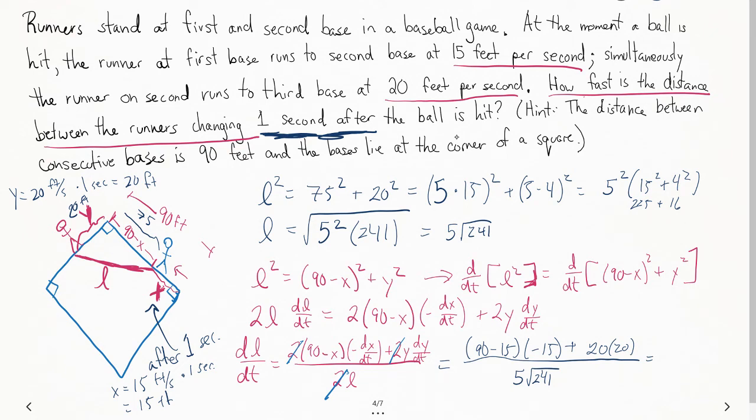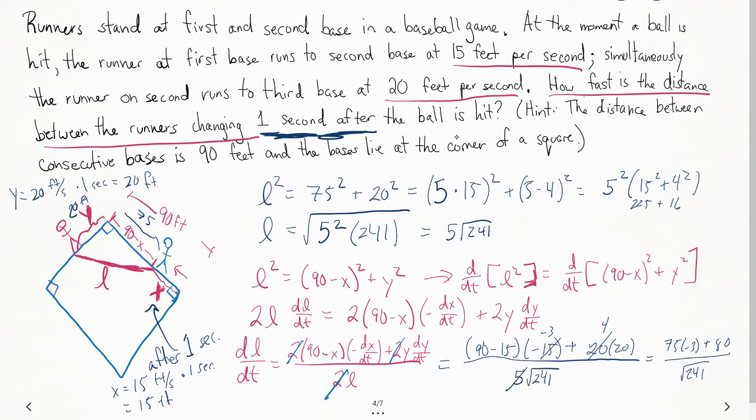So the easy way to write this is you have 20 squared. So you have 75. Well, actually, let's do this. If you do want to simplify a little bit, notice you can take the 5 out of both of those. So you'll have a negative 3 here, and then you'd have a 4 here. So you'd have 75 times negative 3 plus 80, all over the square root of 241.